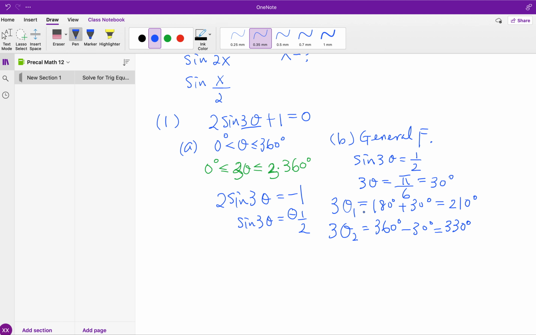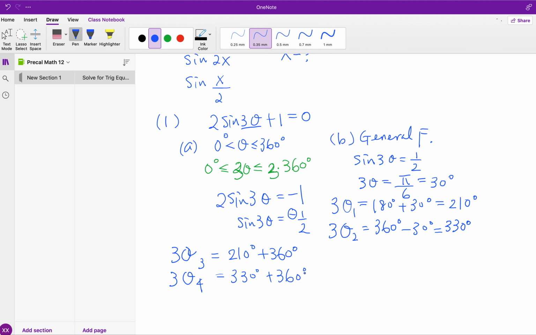So in the other cases, if this is the 1 and the 2, we can furthermore think there are another 4 solutions, because we will be going into the second 360 degrees and then the third 360 degrees. So 3 theta 3 will be 210 degrees added on to another 360, another 2 pi, and 3 theta 4 will equal 330 degrees added on to another 360 degrees.